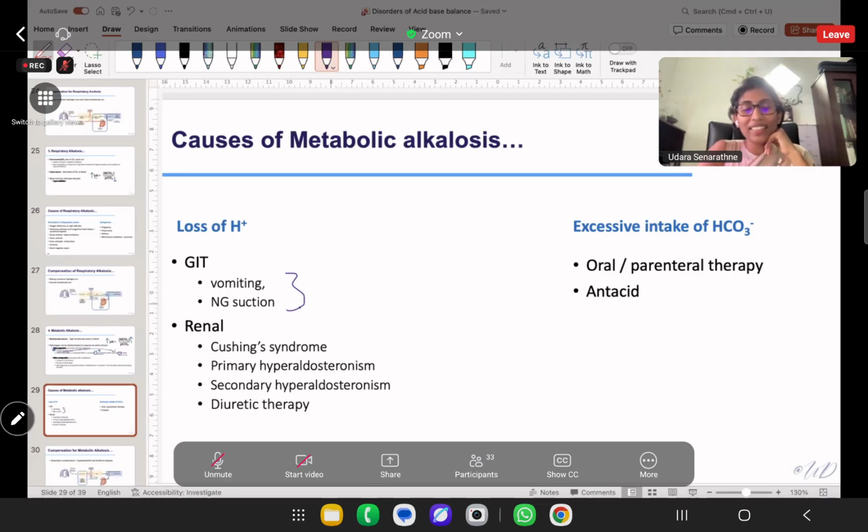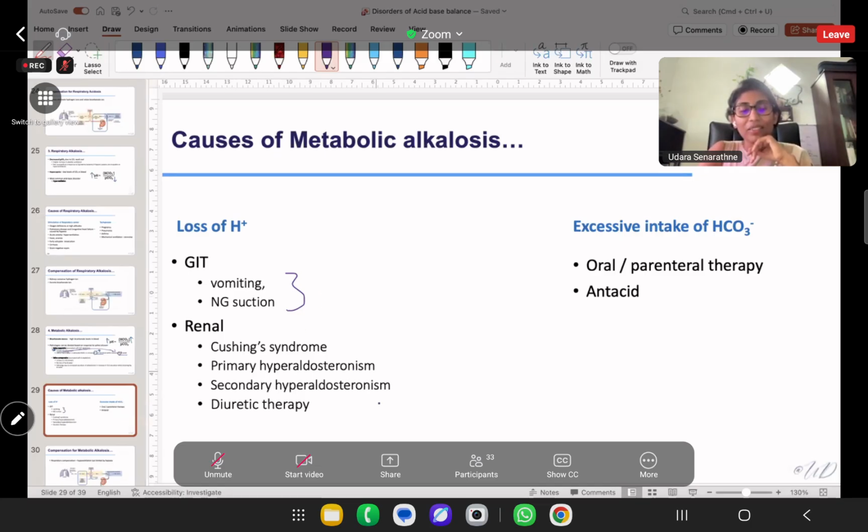In vomiting and NG suction, let's say vomiting, what is going to happen to the extracellular fluid volume? It's going to reduce. Therefore, this will be saline responsive.